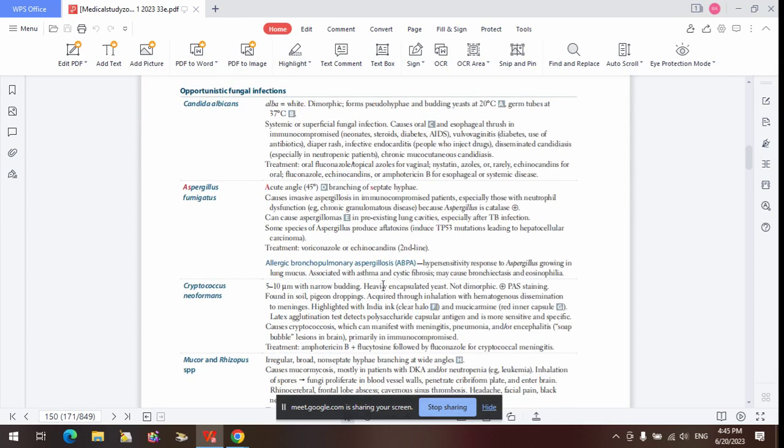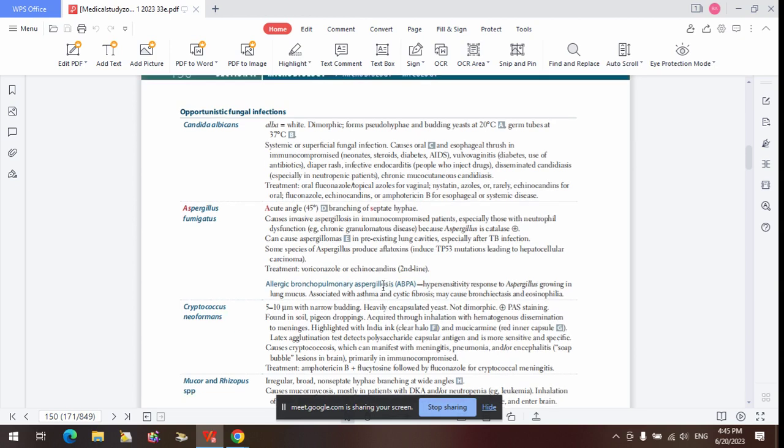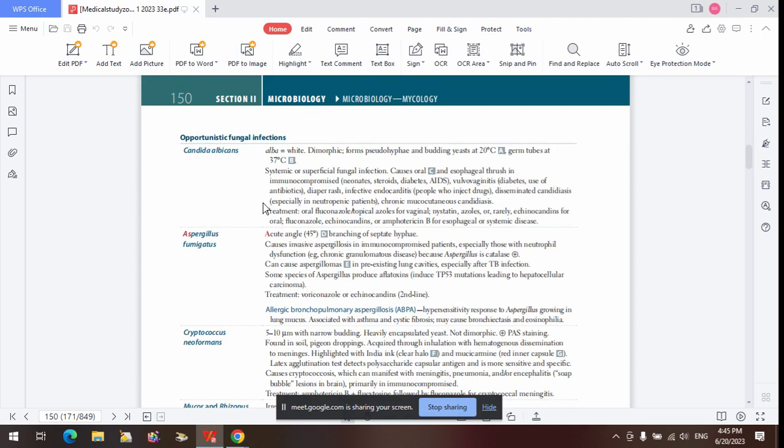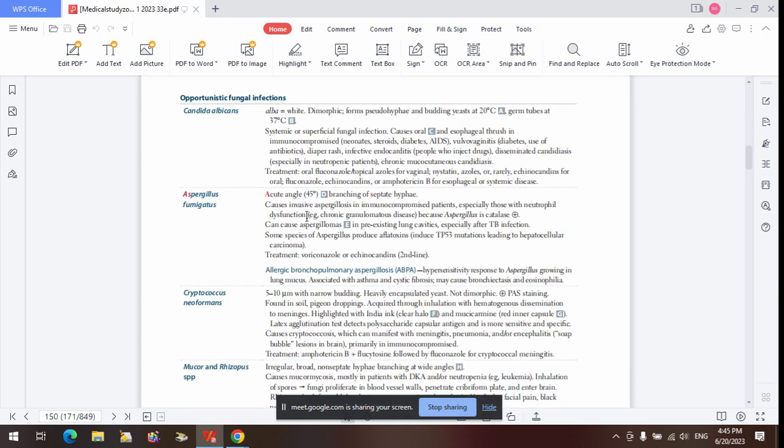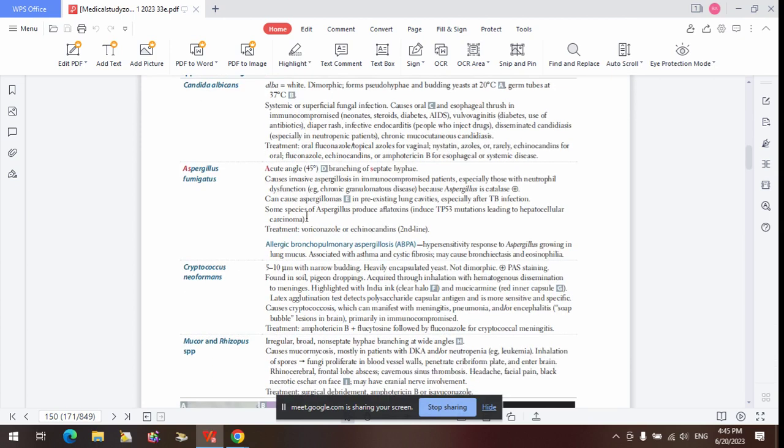Normally you should not find pseudohyphae in the yeast, and the yeast should not be forming buds. You remember the paracoccidioidomycosis I talked about, the captain's wheel bud of the yeast. Then we talked about blastomycosis having a broad-based budding yeast. But the yeast of Candida has pseudohyphae. That's why they call it pseudohyphae, because it should not be there. They have a false hyphae.